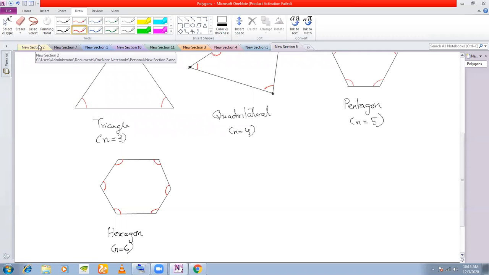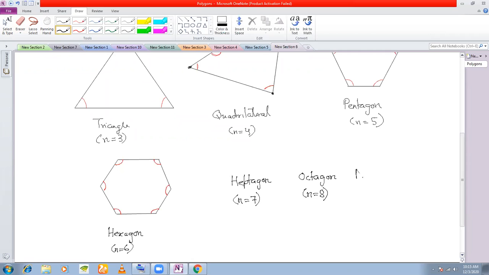Okay, next is heptagon, then octagon, and it's very difficult to draw, so I'm just writing the names. The heptagon has 7 sides. Next is octagon. It has 8 sides.